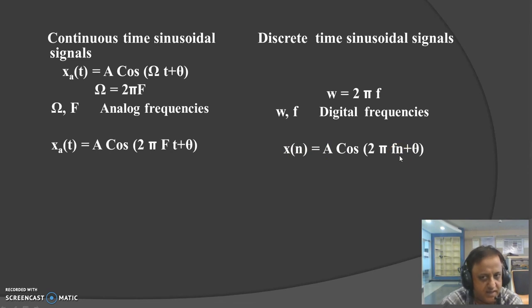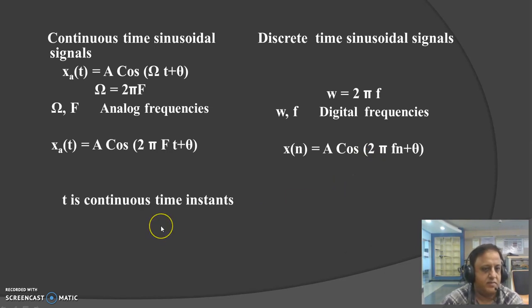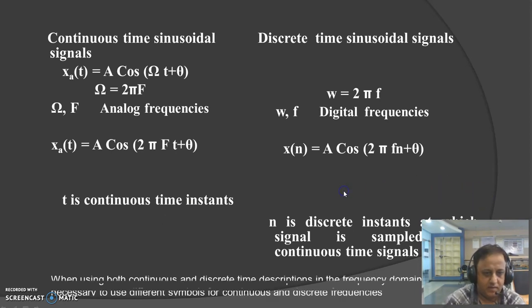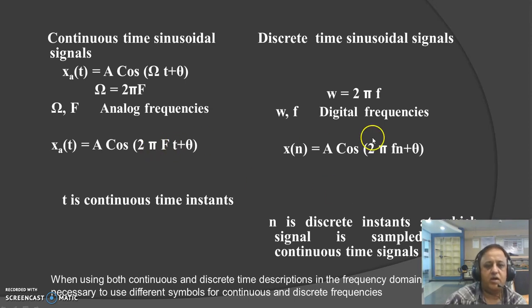In the next few slides, we will explain how this is done. Here t is a continuous time instant, and n is a discrete time instant at which the signal is sampled. When we use both continuous and discrete time descriptions in the frequency domain, we have to use different symbols: ohm and F for analog frequencies, omega and f for the digital frequencies.